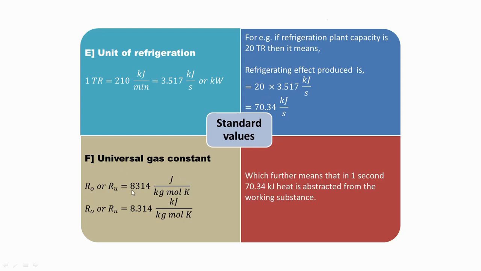Universal gas constant is 8314 joule per kg mole Kelvin or 8.314 kilojoule per kg mole Kelvin. So here the meaning is that 70.34 kilojoule per second means in 1 second 70.34 kilojoule of heat is abstracted from the working substances which are kept inside the fridge.